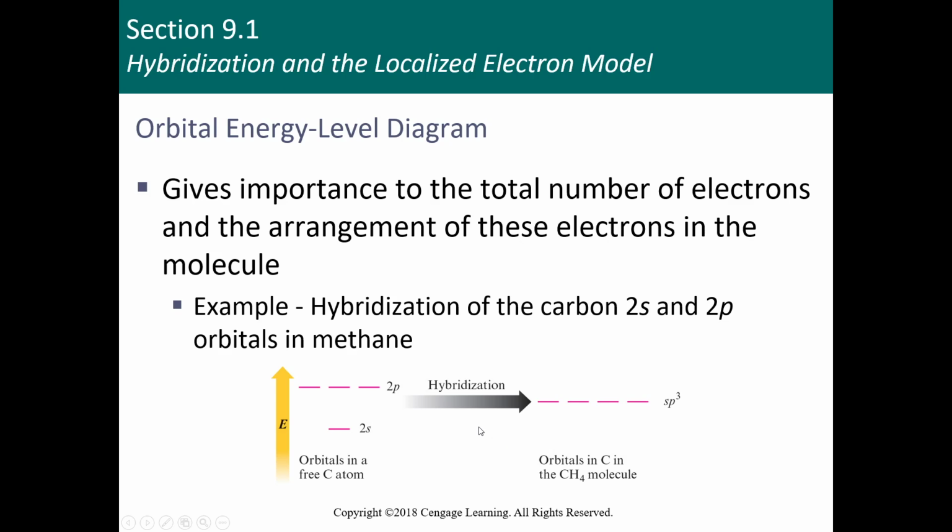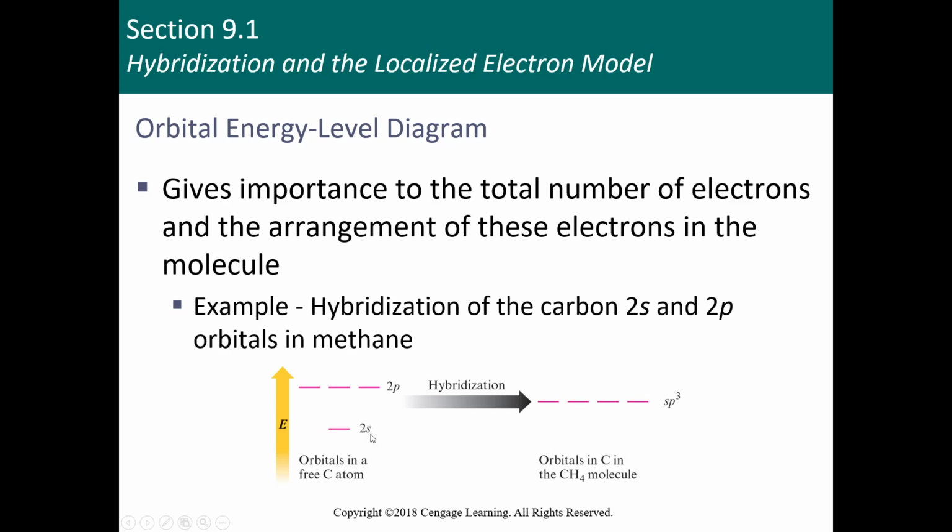So these orbital energy level diagrams, when we look at them, always go from lowest to highest energy. The stuff on the bottom is the lowest energy. The stuff above it is higher energy, and higher, and higher. Now, right here you'll see that we have a 2s orbital. What does that mean?